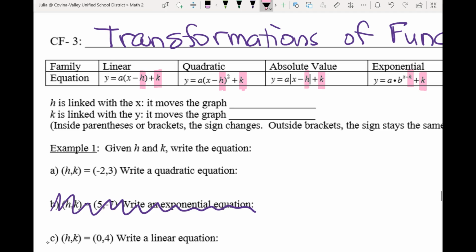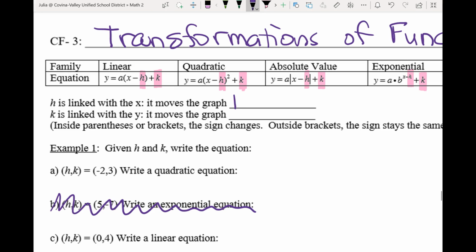If the k is linked to the y value, which direction would the k make it move? Up and down. Okay, and I don't know where the h or the k came from. Just like mx plus b, these are just letters that stand for something. So the h stands for the value for the x, and the k stands for the value at the y. Now that's for the new transformation. So let's write this in. H is linked with the x.